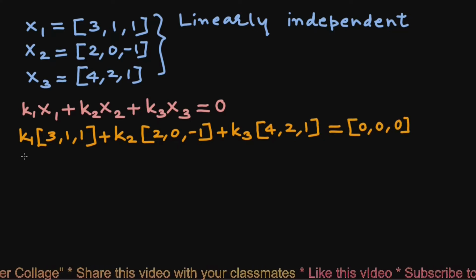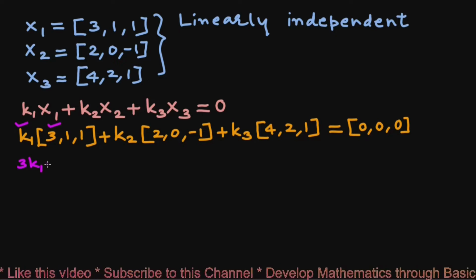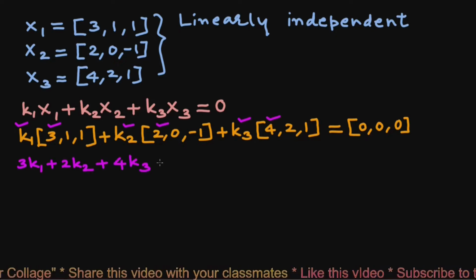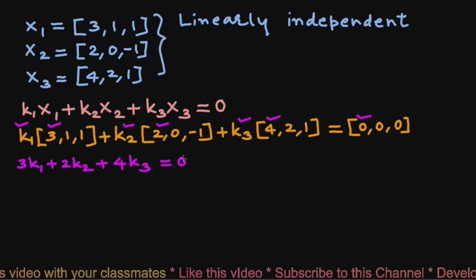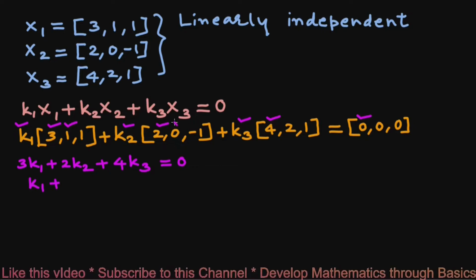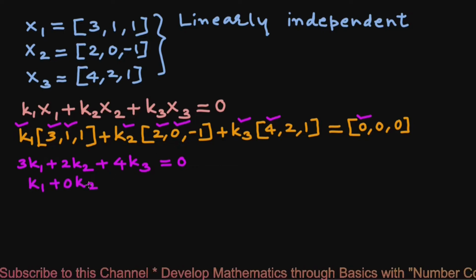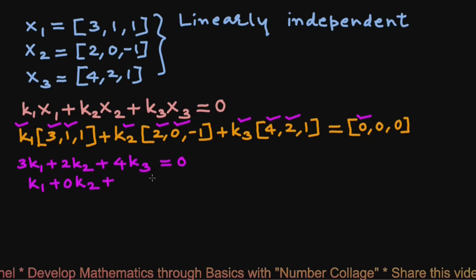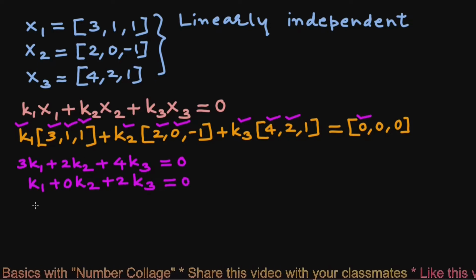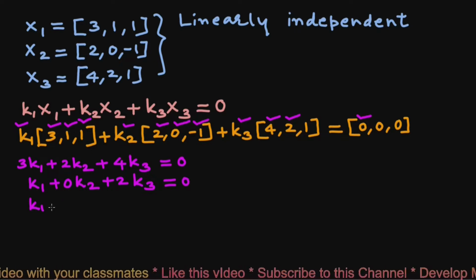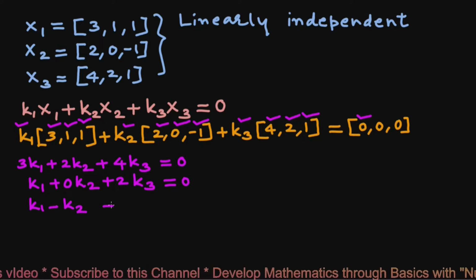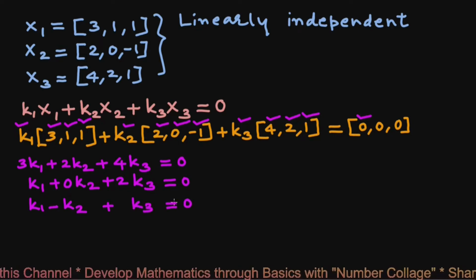This we write as 3k1 plus 2k2 plus 4k3 equals 0. Similarly, k1 plus 0k2 plus 2k3 equals 0. For this 1 we write k1, for this minus 1 it will be minus k2, for this 1 it will be k3 equals 0.